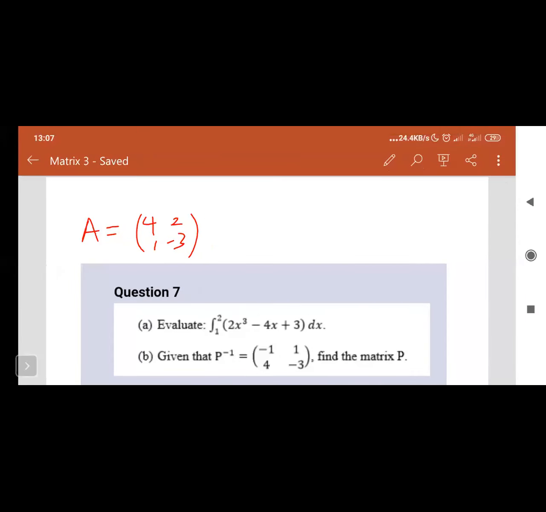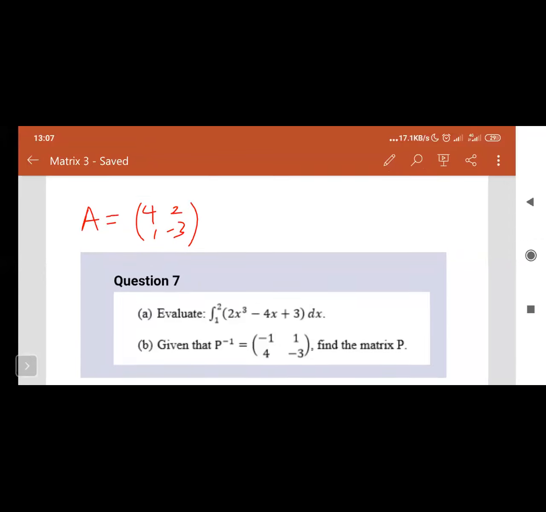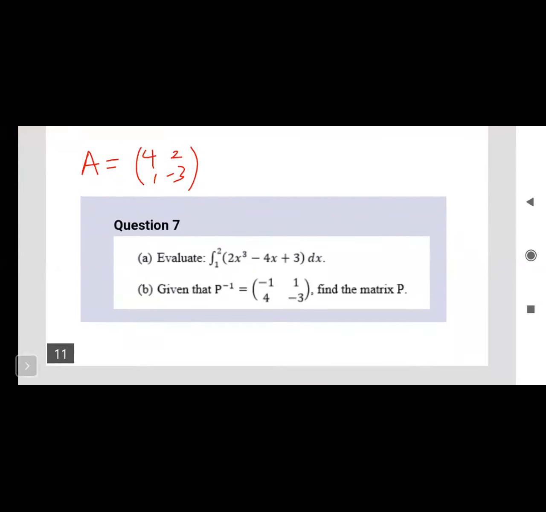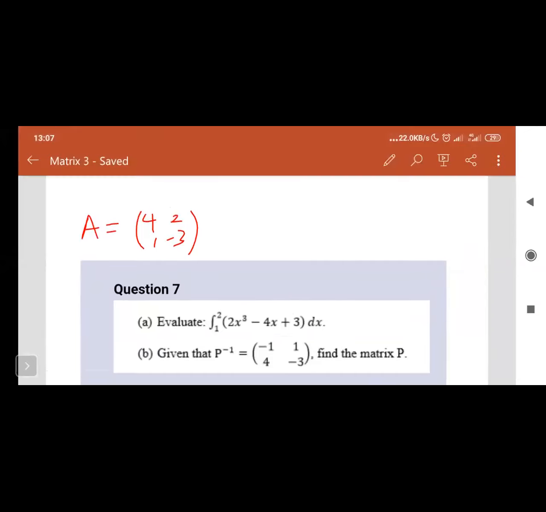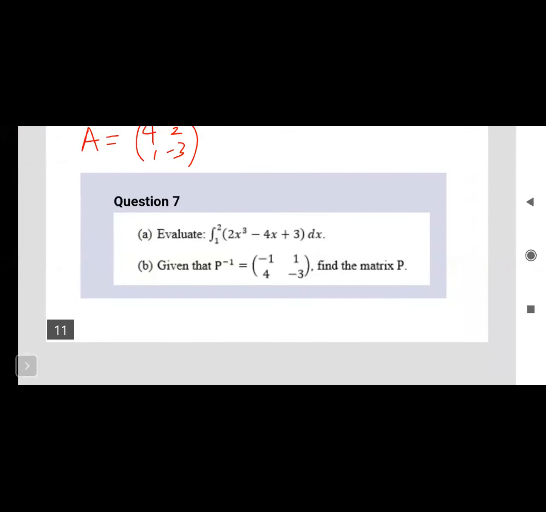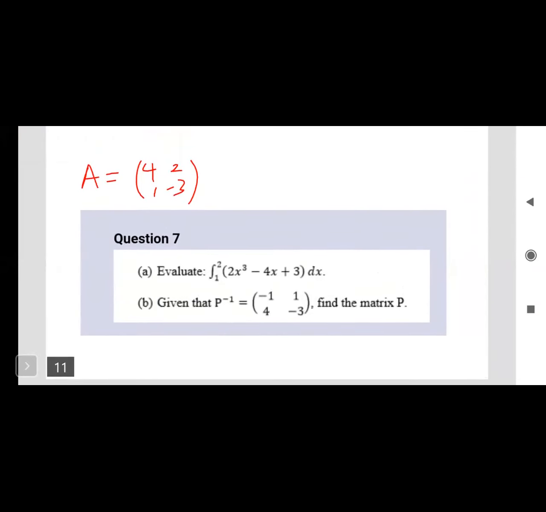So if you need to find the inverse of this matrix directly, if you cannot see my screen, let me know. But I want to assume that you can see it.